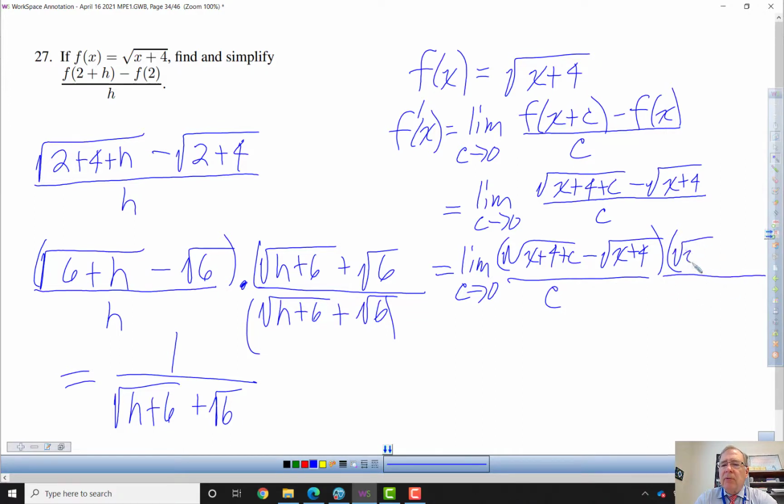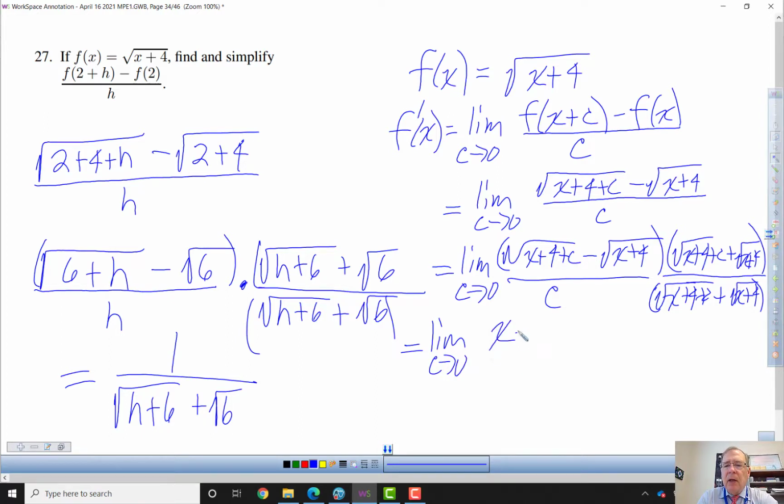So the square root of x plus 4 plus c plus the square root of x plus 4, over the same thing. And if we do that multiplication, we still have to carry the limit through. Limit as c approaches 0.